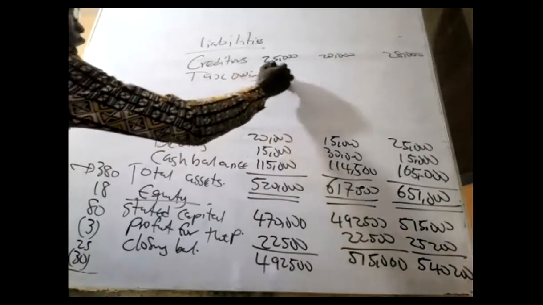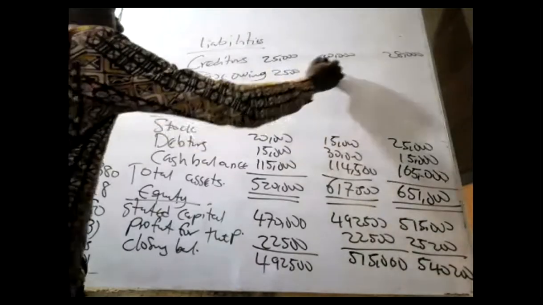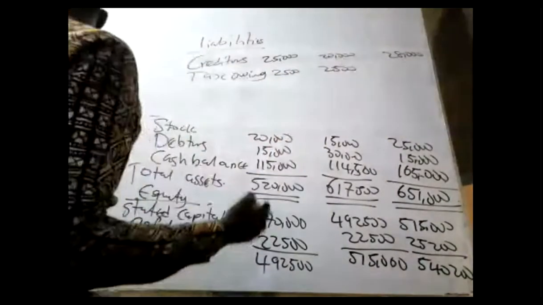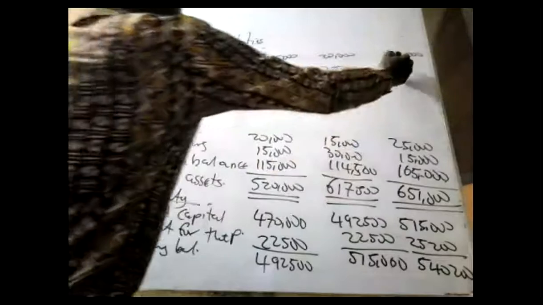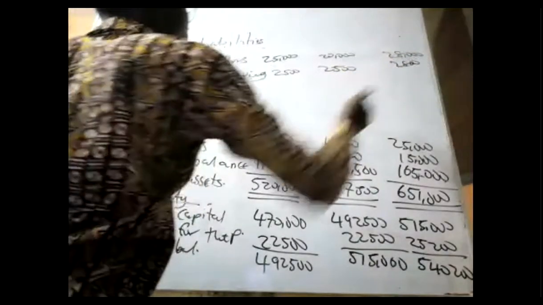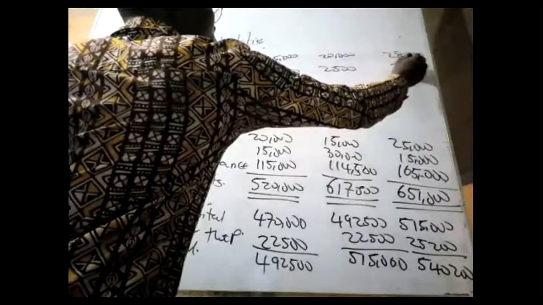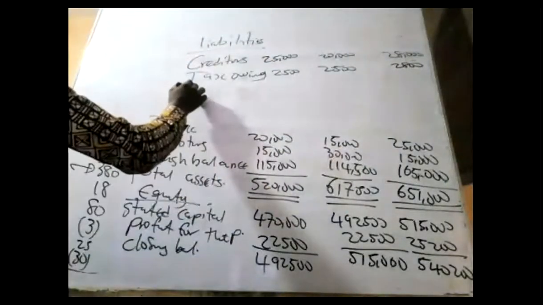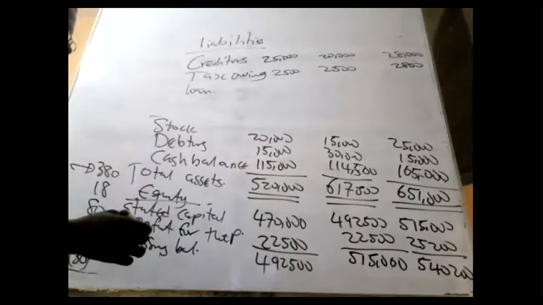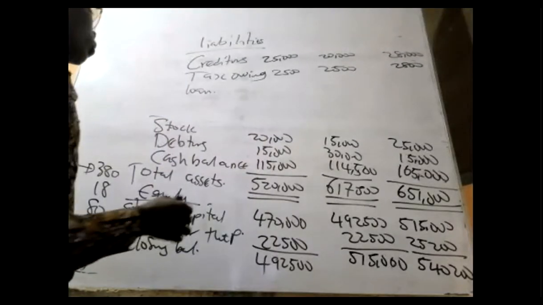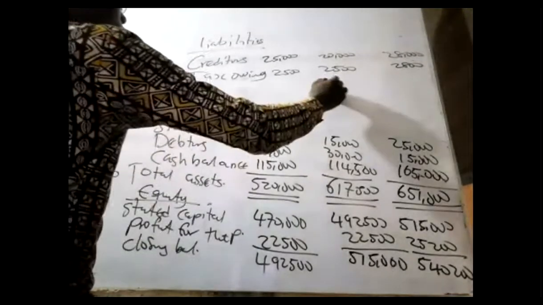Here will be 2,500, the same 2,500, and then 2,800. But then come to the loan. Now pick the loan. A loan of 80,000 in November.